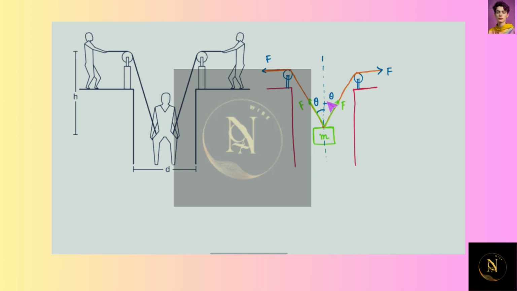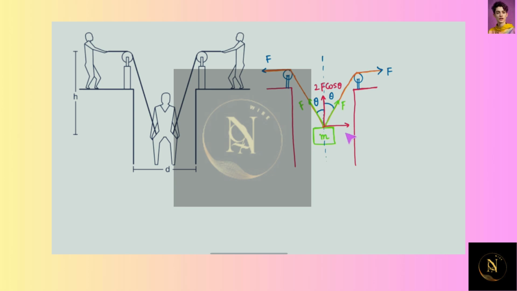One will be along this dotted line, F cos theta. So for both forces, the component will be 2F cos theta in the upward direction.